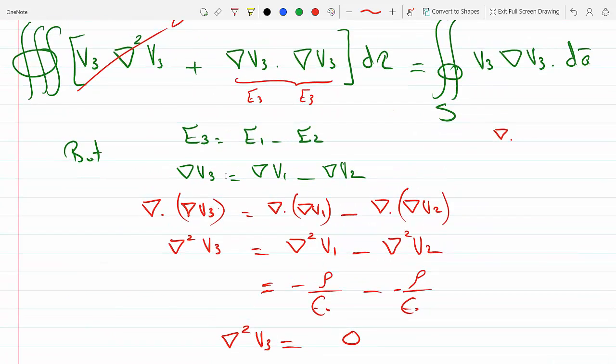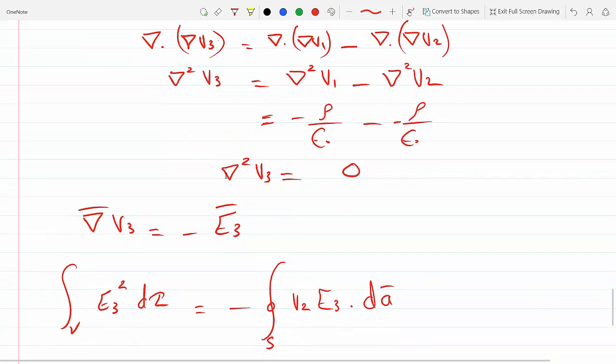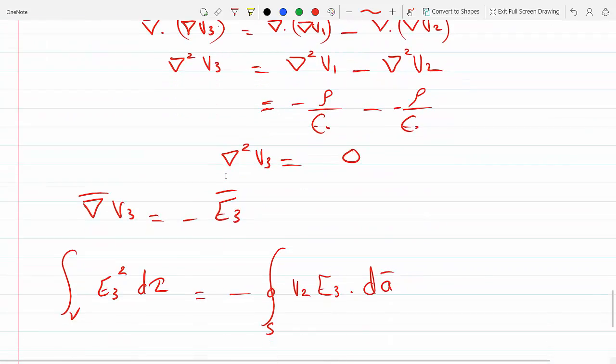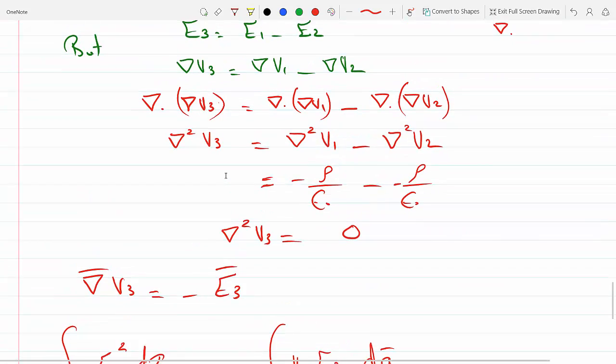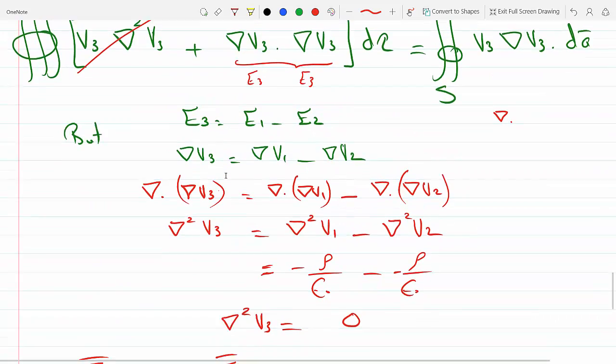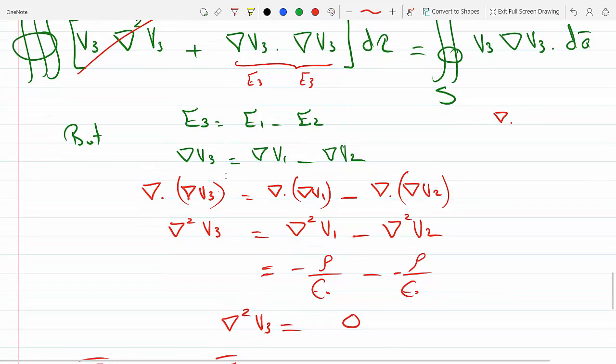The right hand side, the surface integral, is V3 times the gradient of V3.